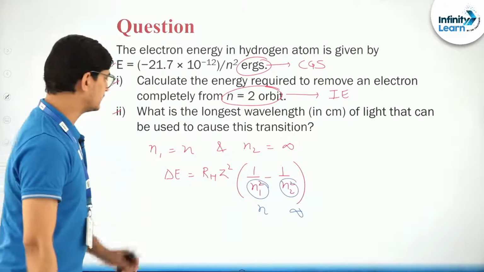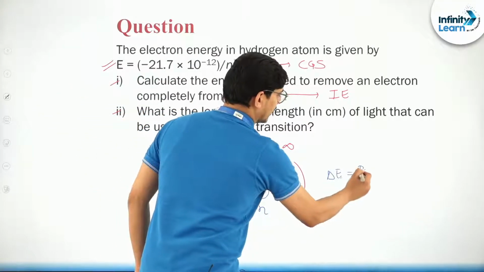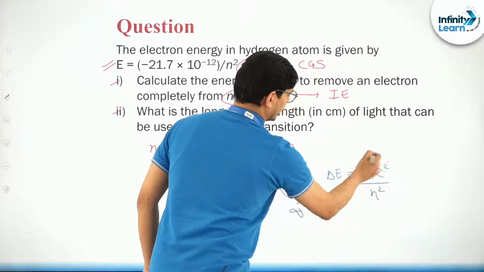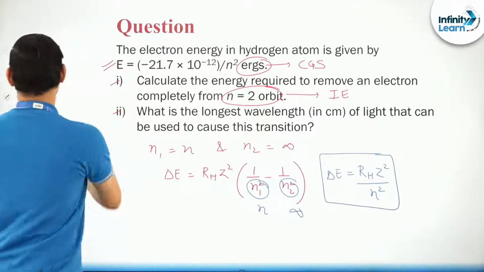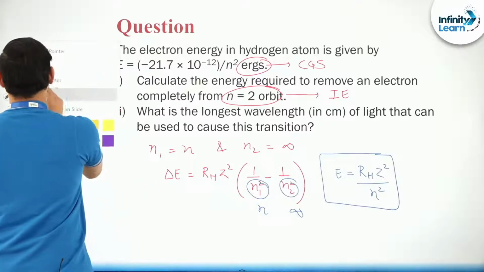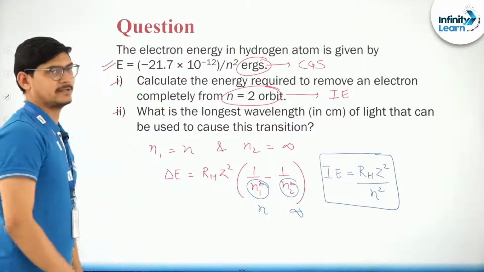It's very easy, guys, okay? So you can see delta E is equal to RH Z square by N square. A very simple formula for ionization energy. Is that clear, guys?